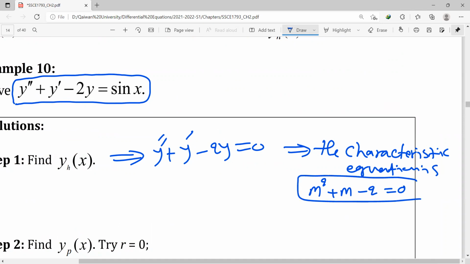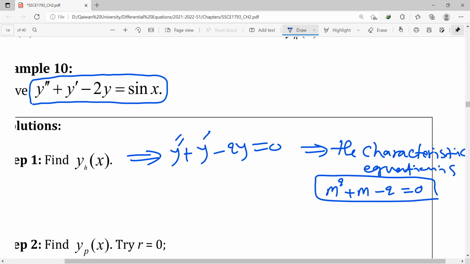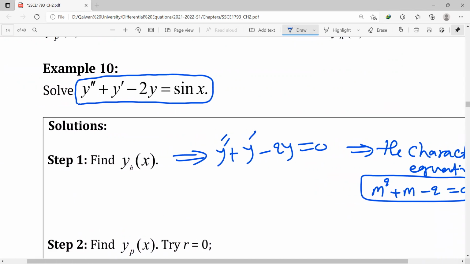We now solve this polynomial of degree 2. We can solve it by making two brackets. If you couldn't factorize it, you can use the quadratic formula. Here we say m plus 2 times m minus 1 equals 0. This is the factorization of the polynomial.